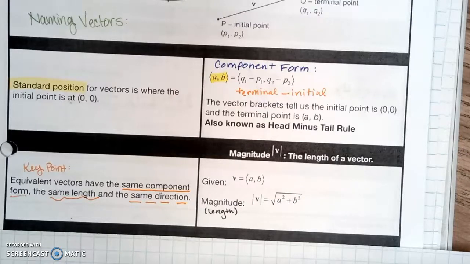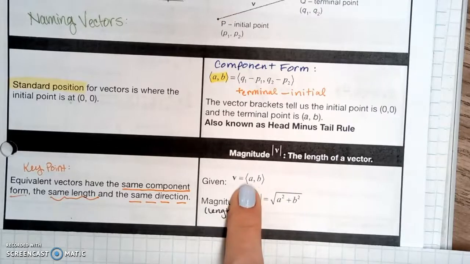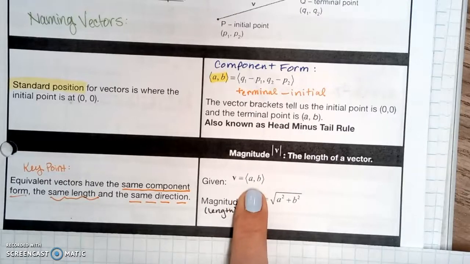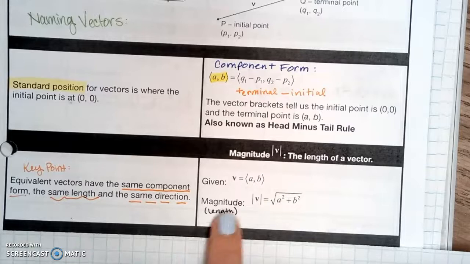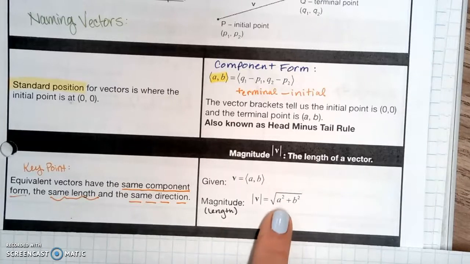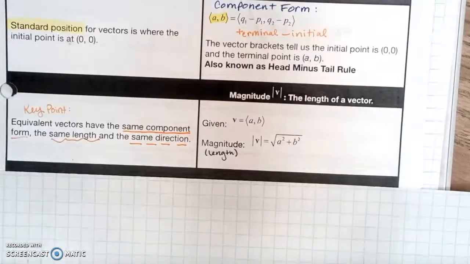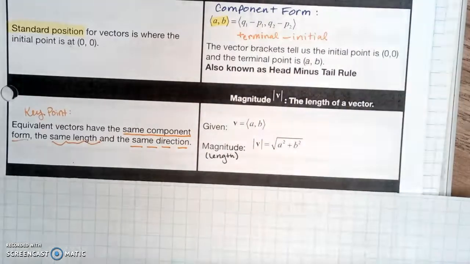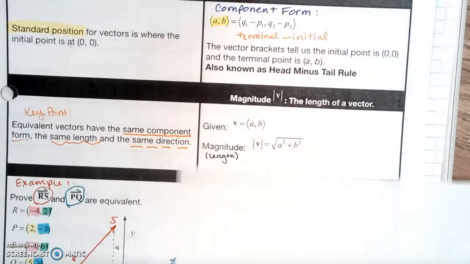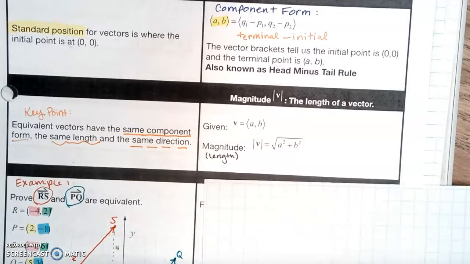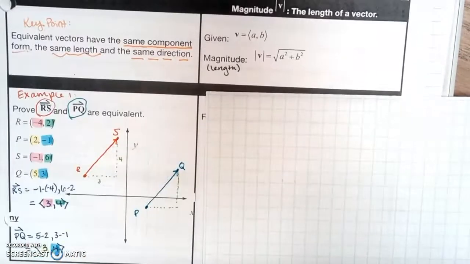If you're given a vector in component form, you can find its magnitude, or what is commonly referred to as its length, by using this little formula that looks a little Pythagorean theorem-ish. There's nothing really to write down there. Okay, so let's look at an example down here at the bottom.